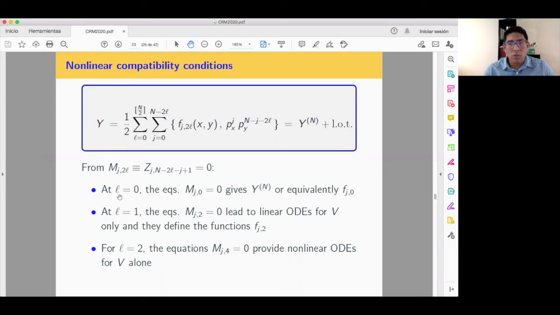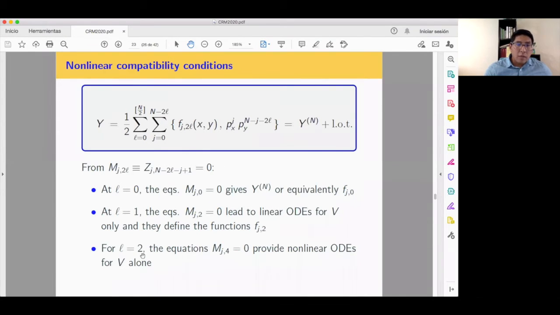If L equals 0, the set of equations will fix the leading term, which I already presented. For L equals 1, those equations tell us these linear ODEs for the standard potentials, and they also define these coefficients fj.